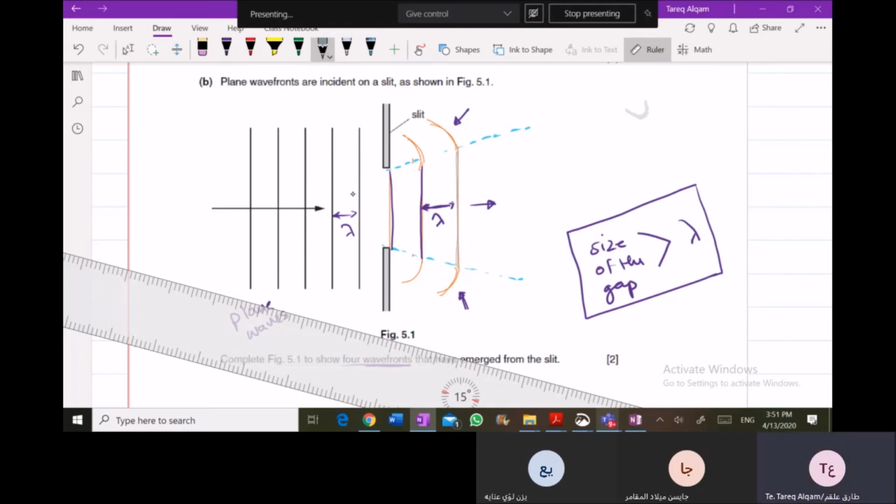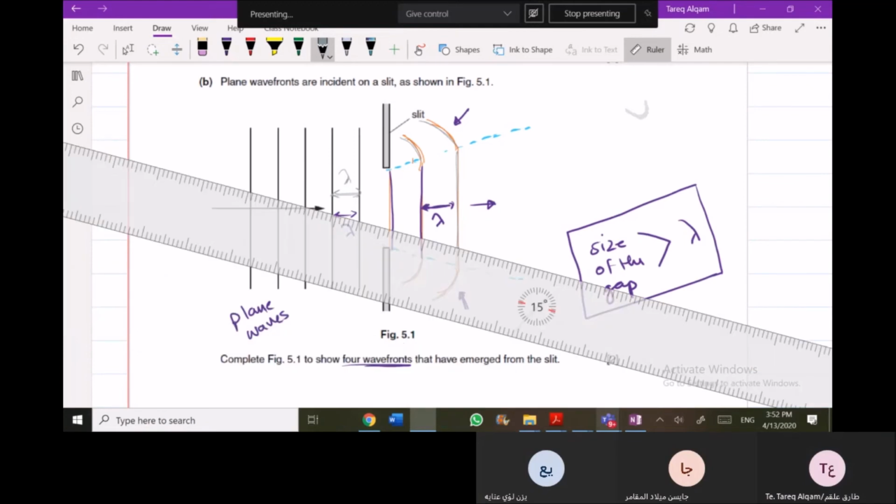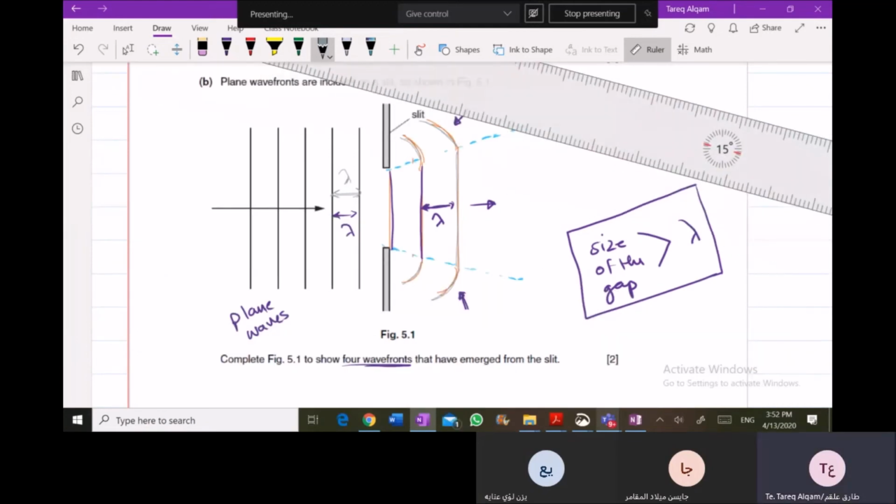Beyond, of course, they are separated by the same as the wavelength, right? Beyond these lines, I will draw the curved part which shows the diffraction or the spreading. Any question about that?